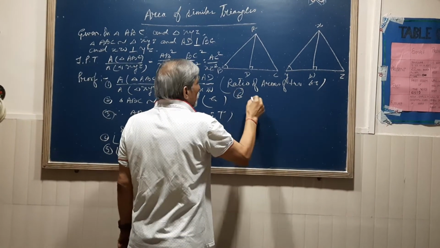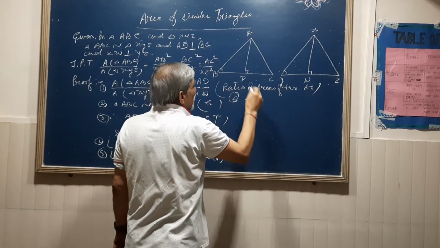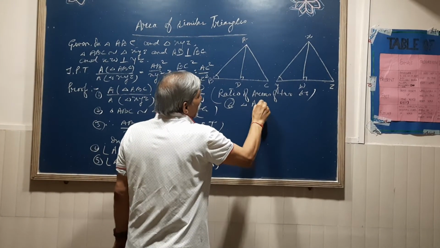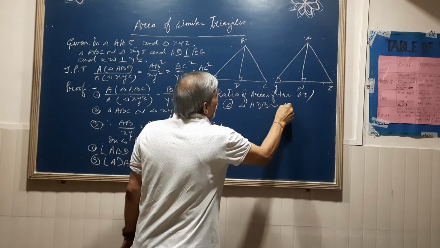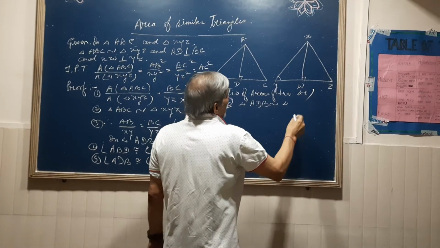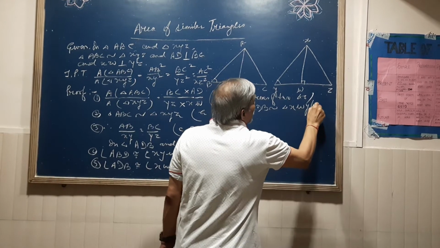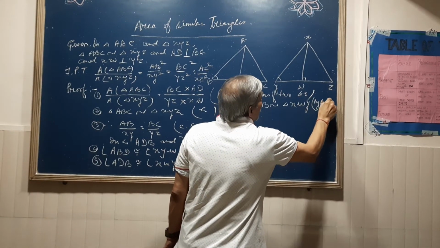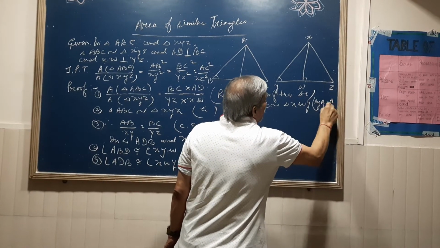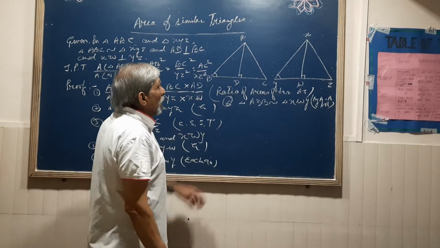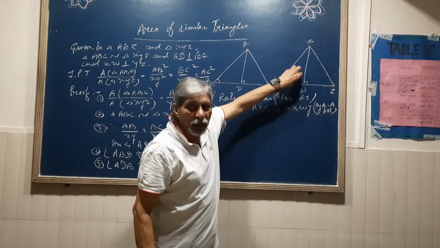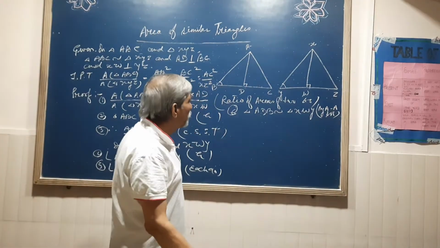Therefore, triangle ADB is similar to triangle XWY by AA test. If these two triangles are similar, their sides are proportional.